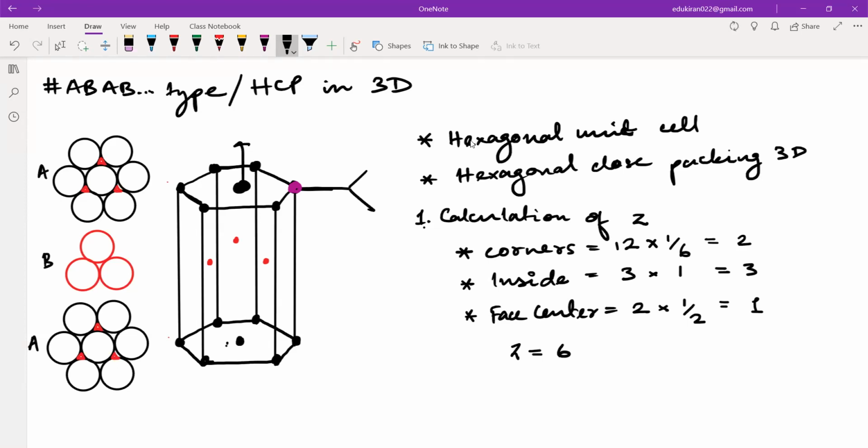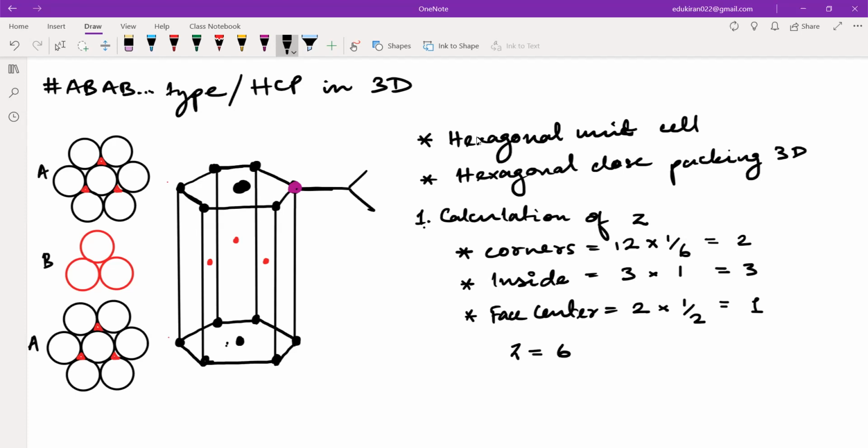How many rooms is it present in? One atom is in 2 rooms. So how much of the atom is present in one room? 1/2. So the contribution will be 1/2, right? Got it? Yes, sir. Okay, fine. So Z will be equal to 6, right? All of you can see that, yes or no?